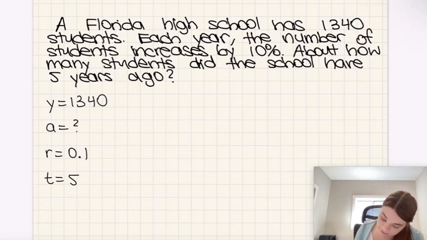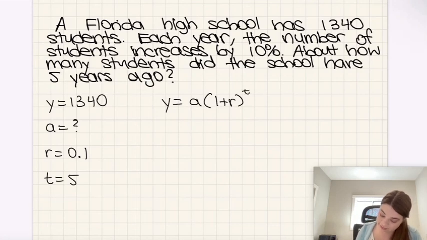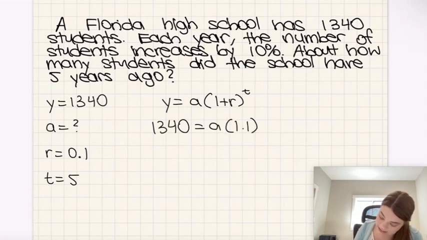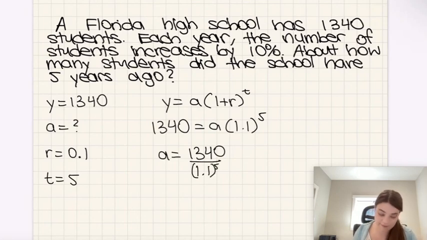Okay, so our original equation is y is equal to a times 1 plus r to the power t. That means 1,340 equals a times 1.1 to the power of 5. That means a is equal to 1,340 over 1.1 to the power of 5.